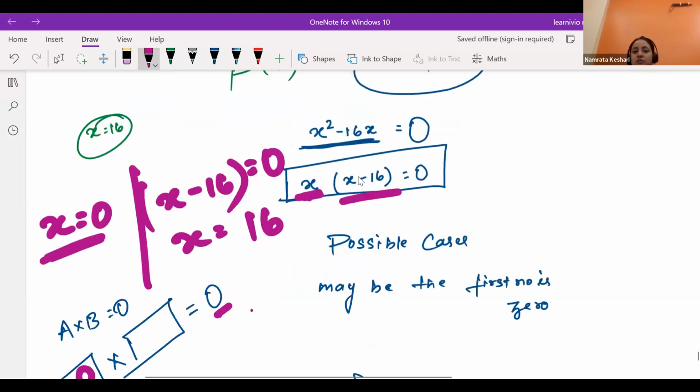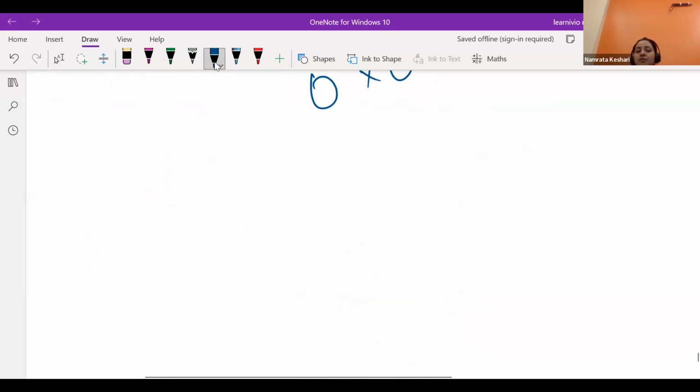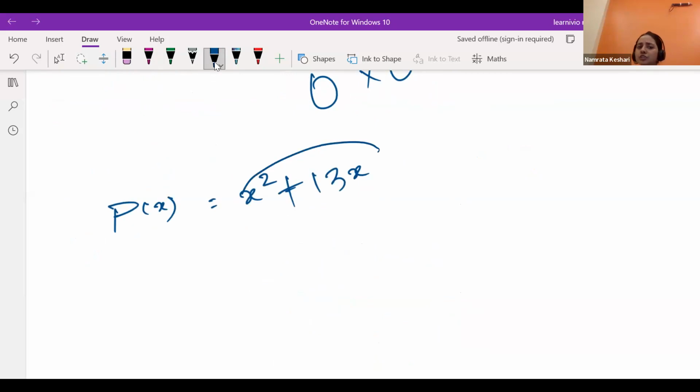Whenever we have a polynomial like this, p(x) equals x square plus 13x, the process of finding the zeros is still the same. x square plus 13x is equals to 0.